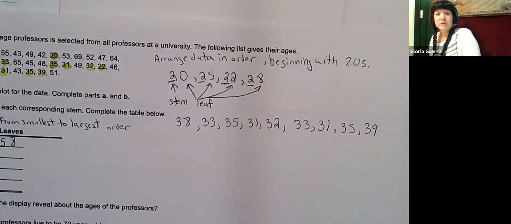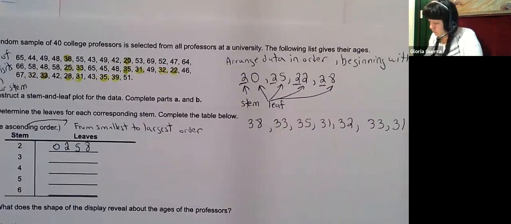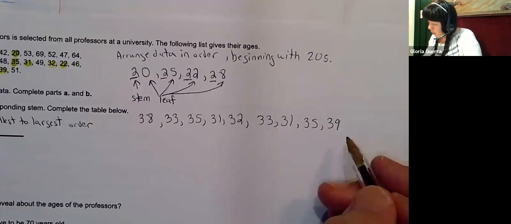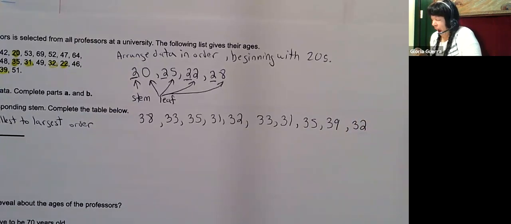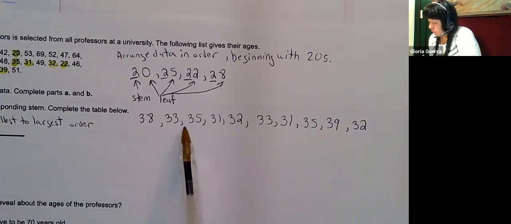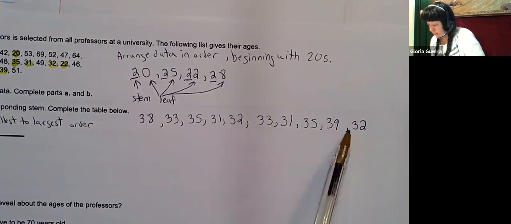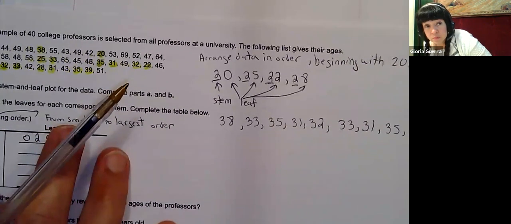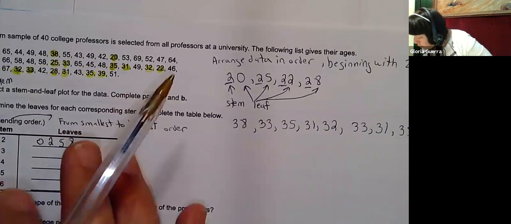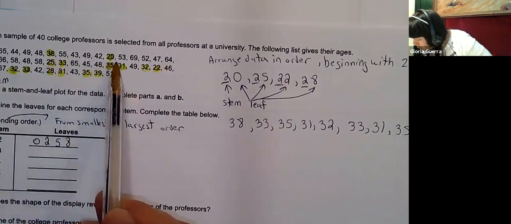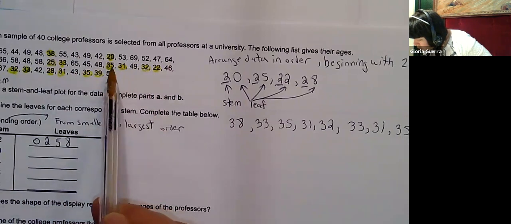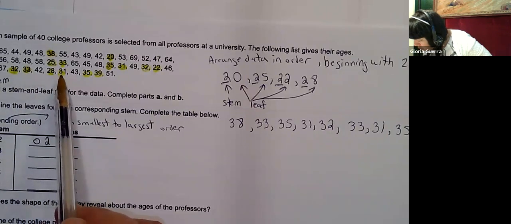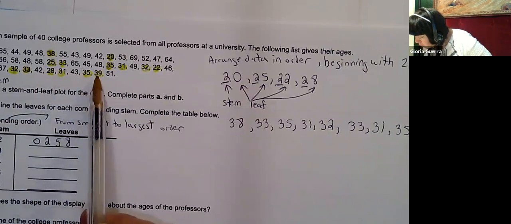Oh, and I see I skipped one. Did you see how I skipped this 32? So I go back and count. 1, 2, 3, 4, 5, 6, 7, 8, 9, 10. Go back and count again: 1, 2, 3, 4, 5, 6, 7, 8, 9, 10. Okay, looks like I got all 10 of them.